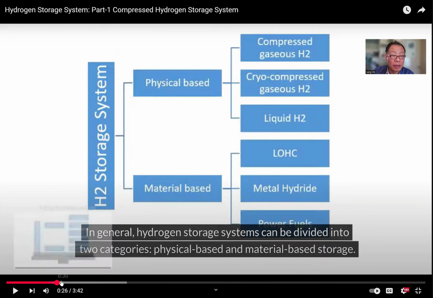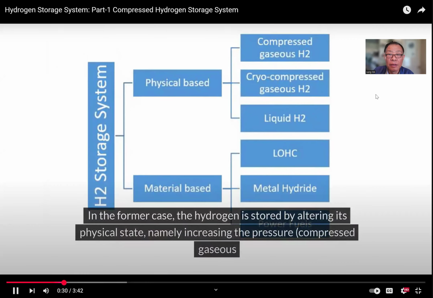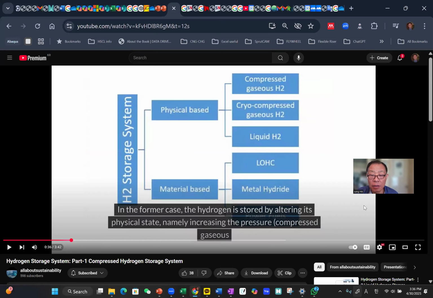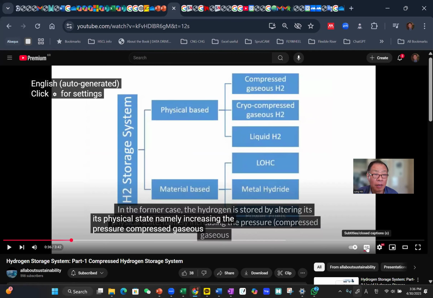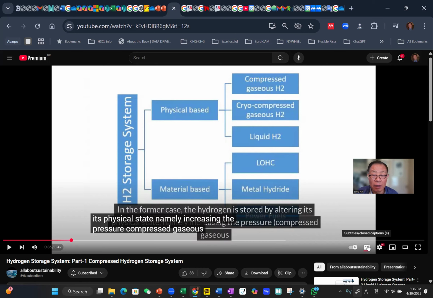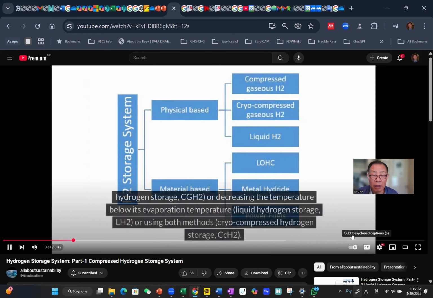Material-based storage. In the former case, the hydrogen is stored by altering its physical state, namely increasing the pressure, compressed gaseous hydrogen storage, CGH2, or decreasing the temperature below its evaporation temperature, liquid hydrogen storage, LH2, or using both methods, cryocompressed hydrogen storage, CCH2.